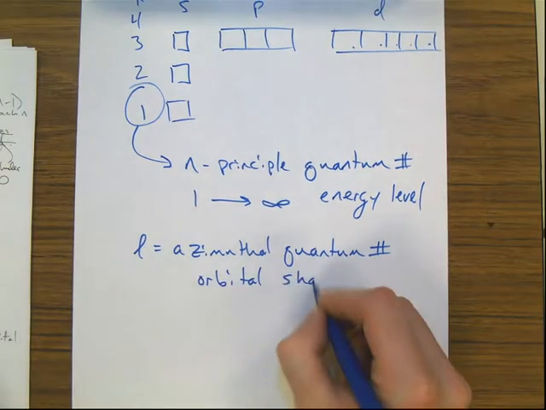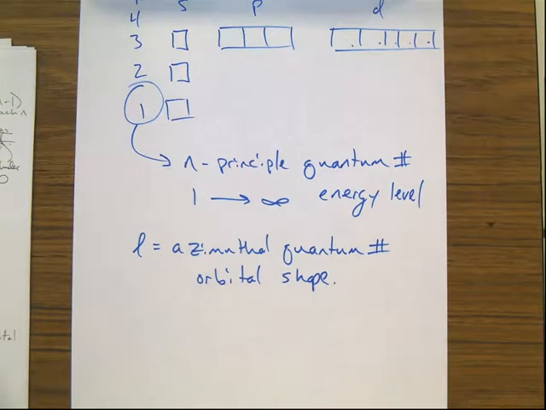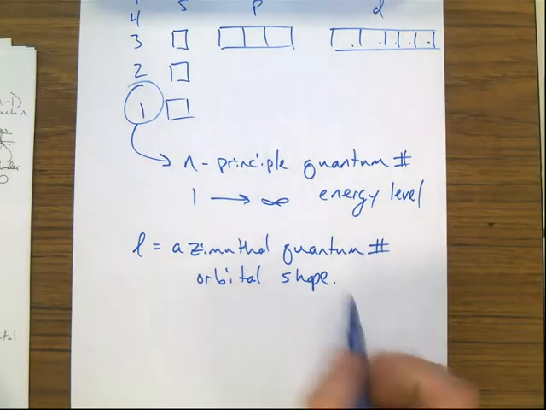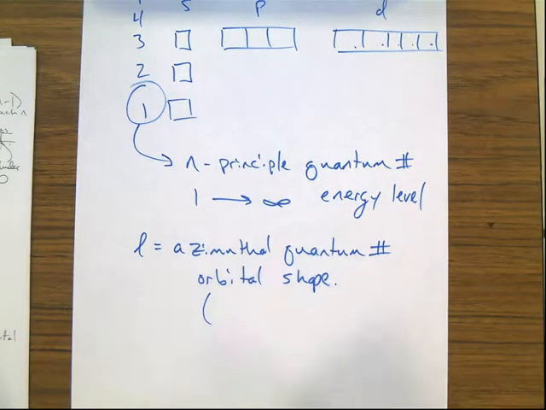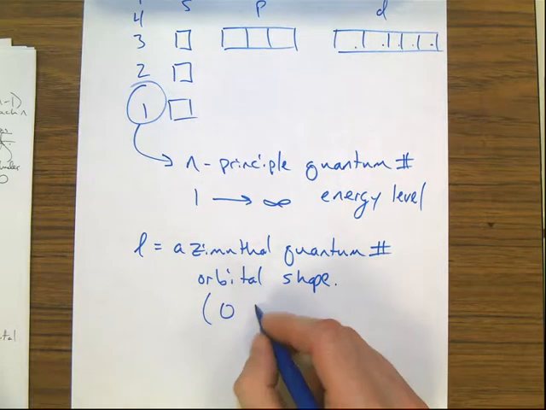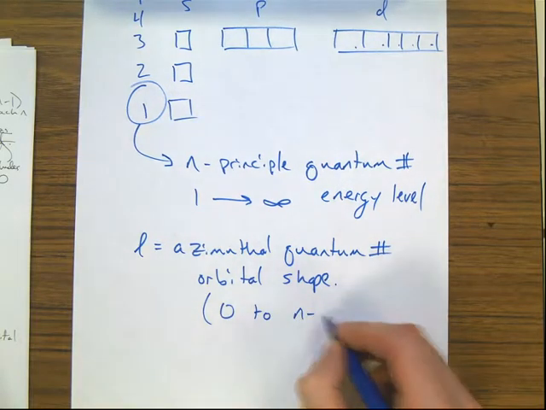It tells you the number of shapes you could possibly have at different energy levels. Those numbers go from 0 to n minus 1.